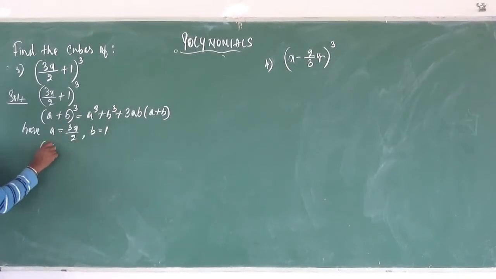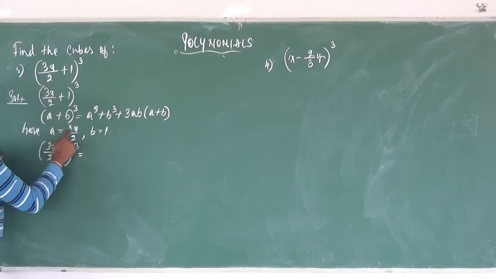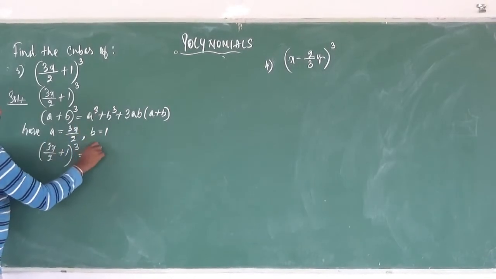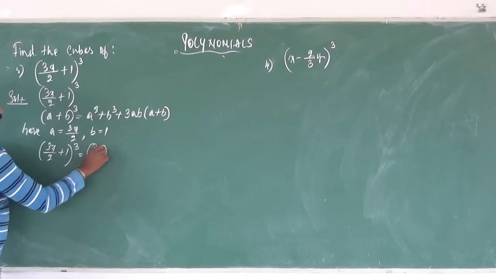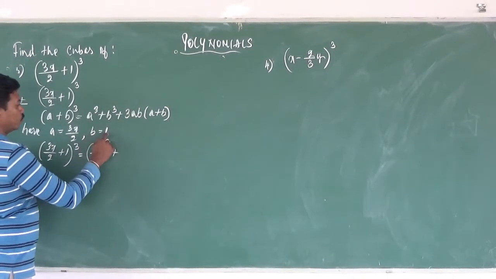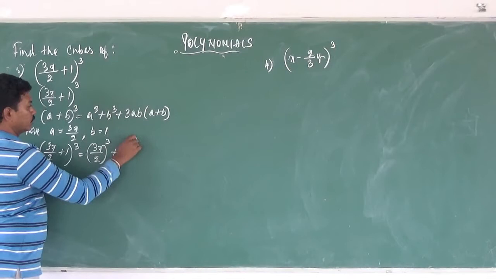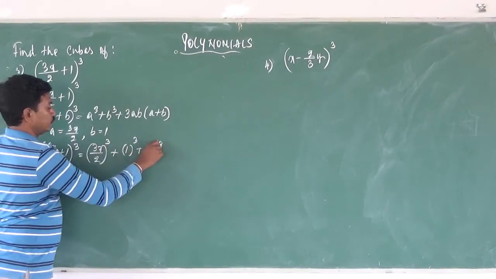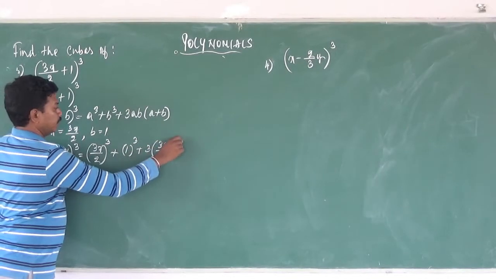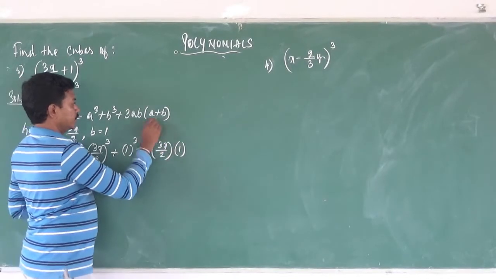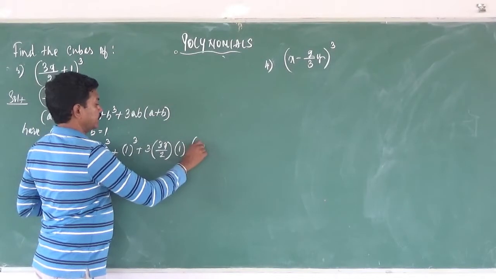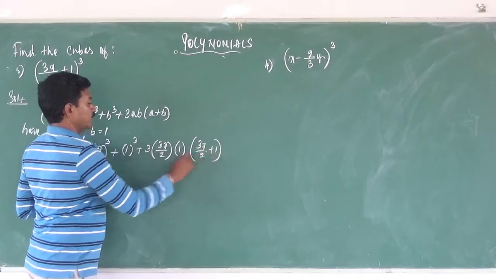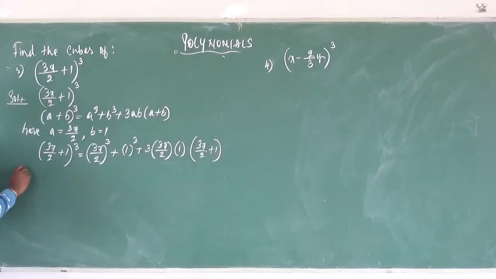So (3x/2 + 1) whole cube is equal to a is 3x/2, a cube is (3x/2) whole cube, plus b is 1, b cube is 1 whole cube, plus 3 into a is 3x/2, into b is 1, into (a + b), that is 3x/2 plus 1. So this is substitution.